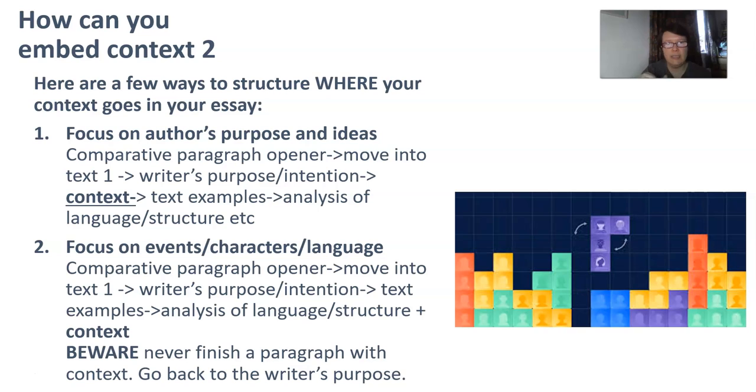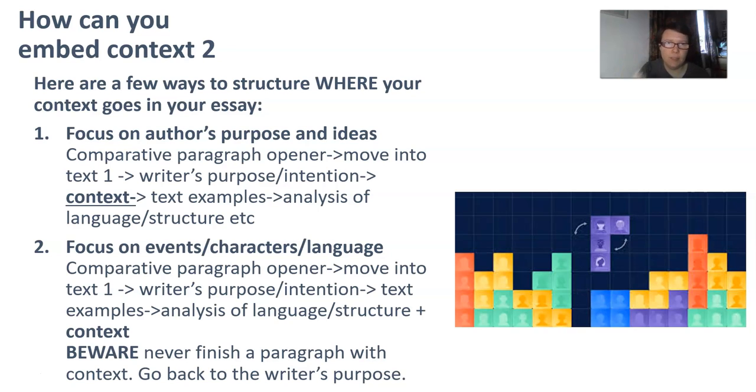So if you wanted to link your context to the doctor's appointment and this sort of monthly checkup, then that would be linking it specifically to your textual example. Whereas if you wanted to use something about the moral majority and the rise of populist religious fundamentalism in America, then you might link it more to the writer's purpose.